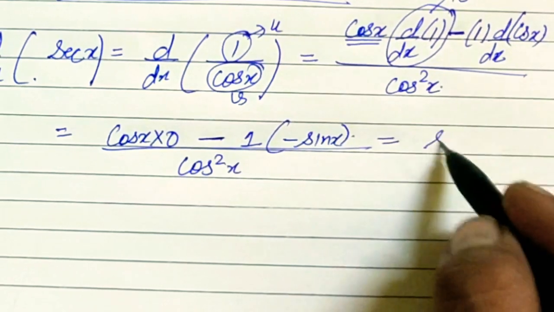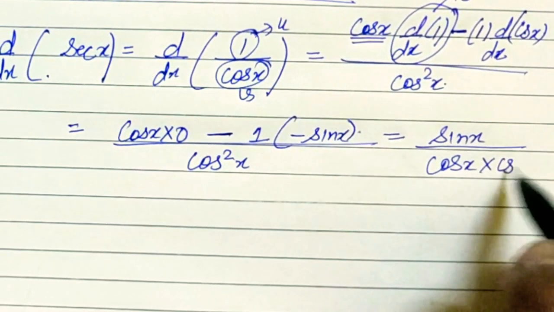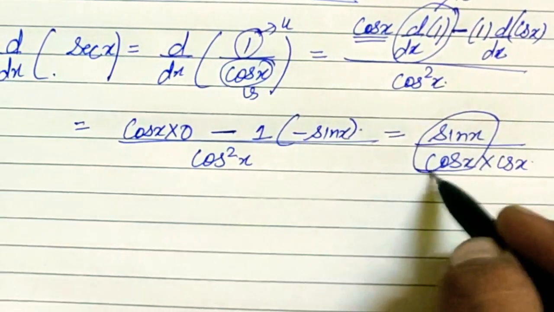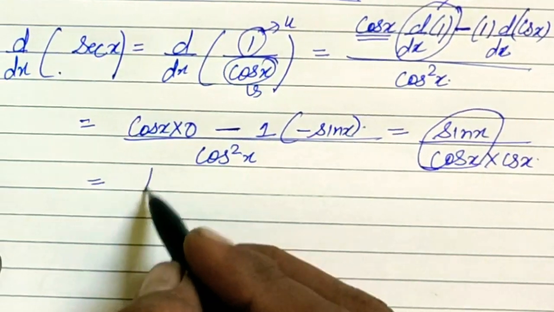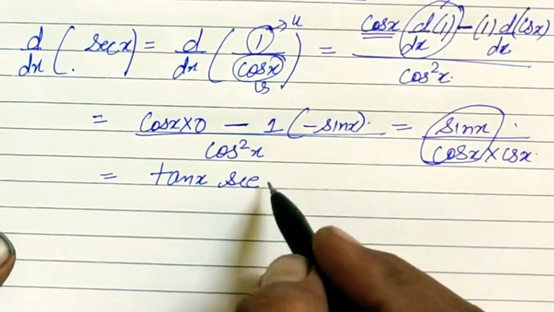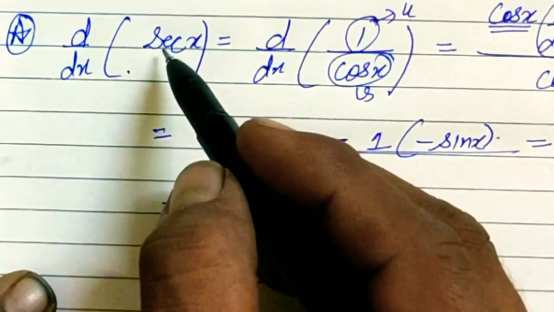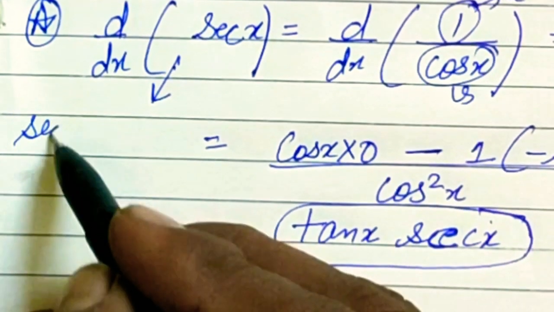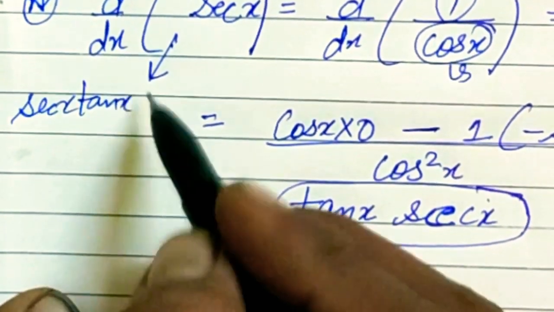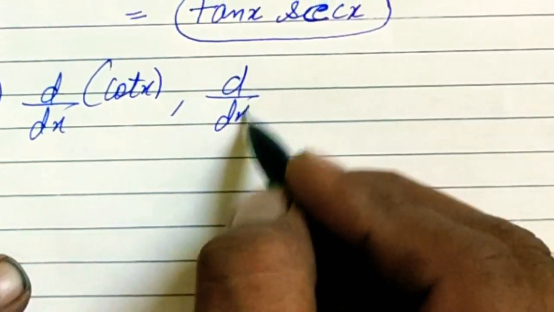So it will become sin x upon cos square x. I can write cos square x as cos x into cos x. Now sin x upon cos x is tan x, and 1 upon cos x is secant x. So the differentiation of secant x, as we already know, is secant x into tan x. So by using these formulas you can prove cot x, you can prove cosecant x.